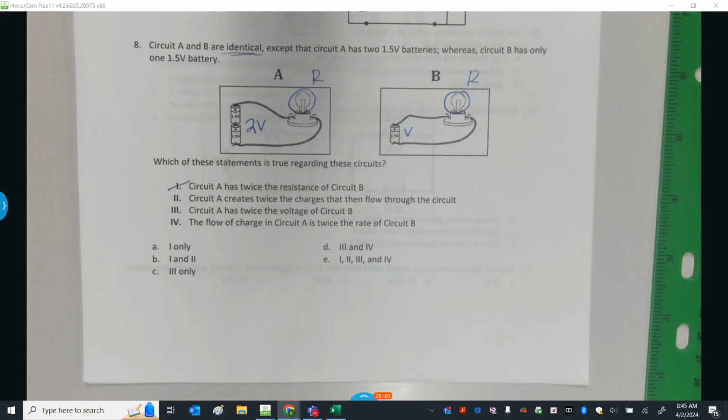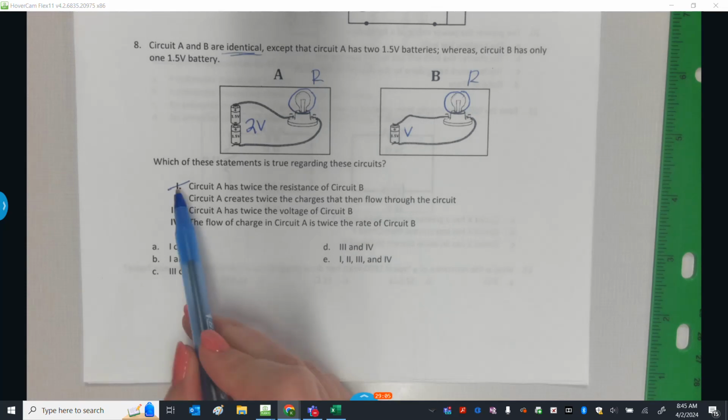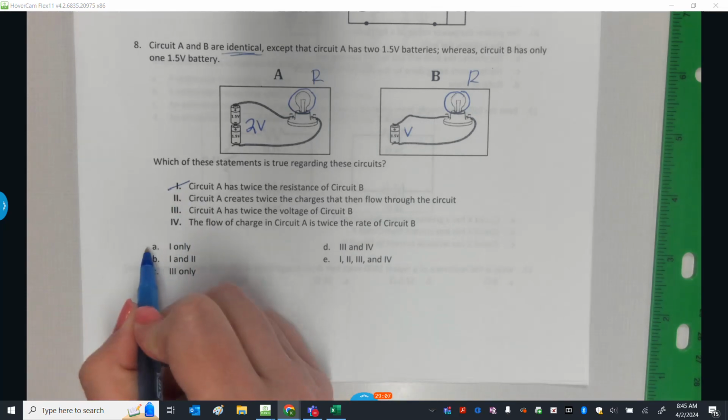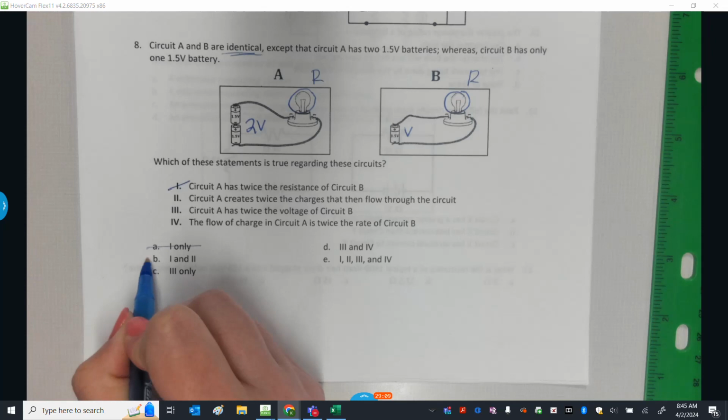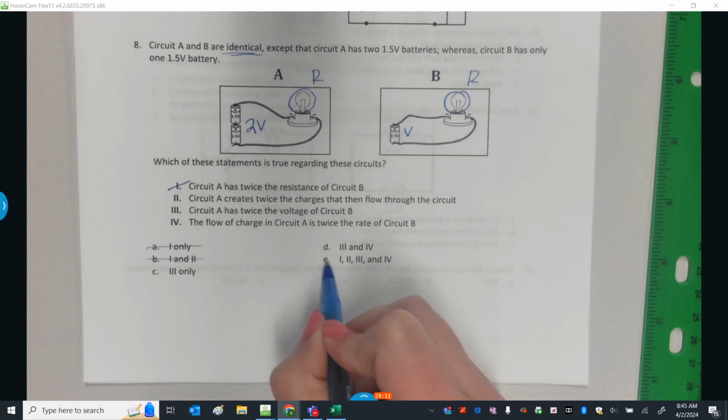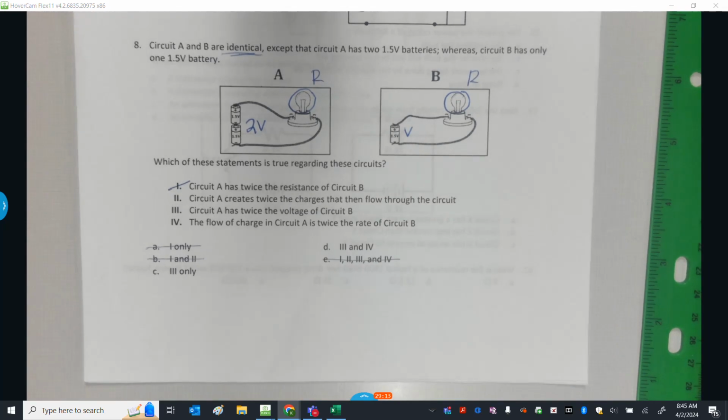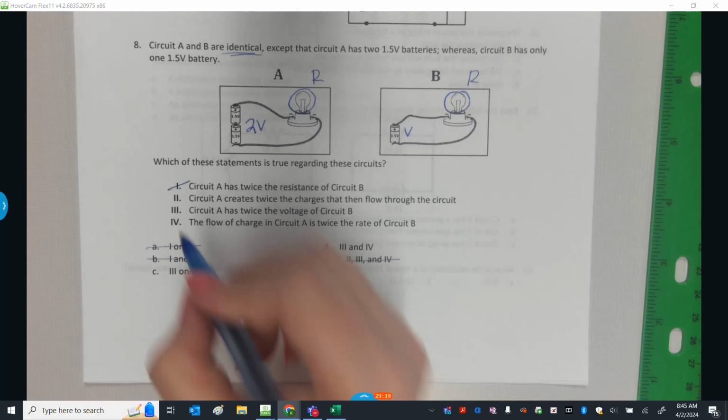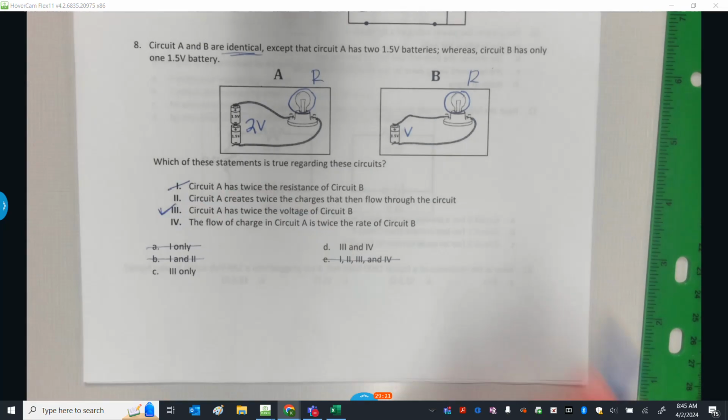If I look at my answer choices, because I've eliminated statement 1, I can't pick A, I can't pick B, and I can't pick E. So I have already narrowed my choices down to just C and D, which means I know that statement 3 has to be true because it's in both of them. The question is, is 4 also true?